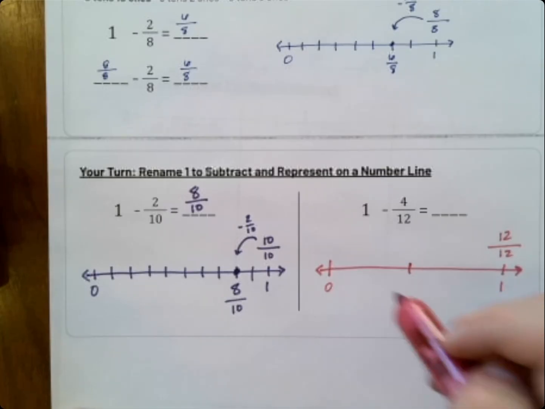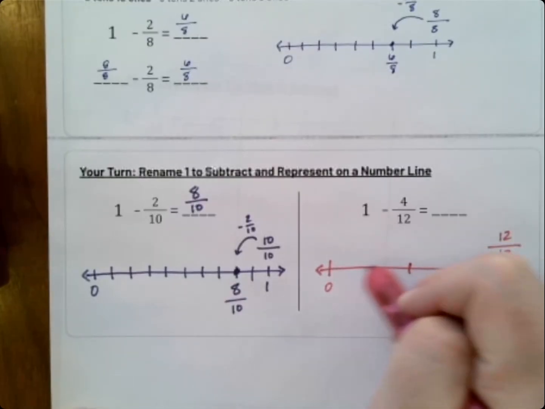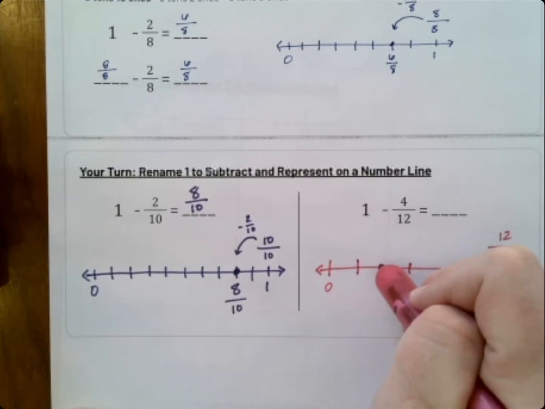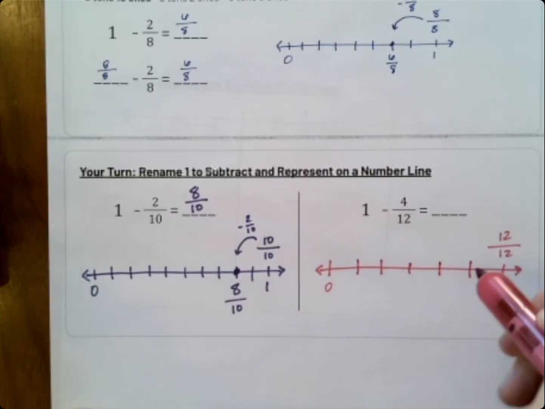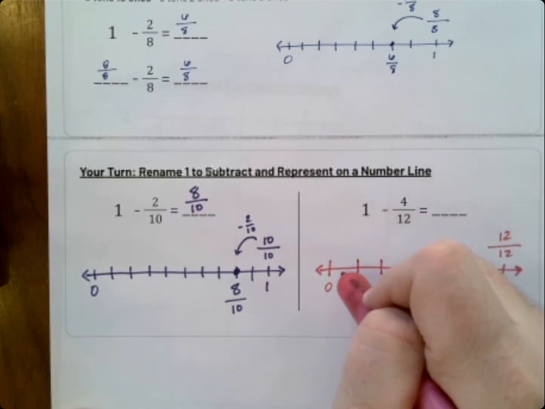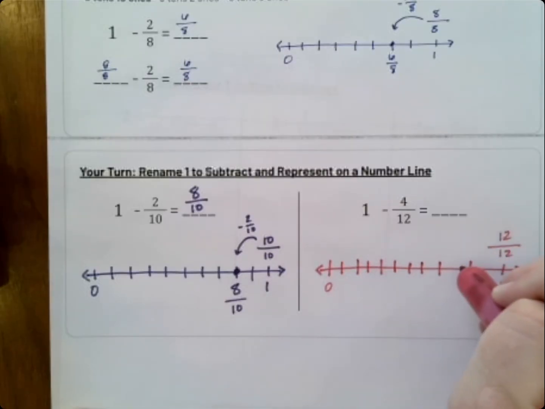Okay, and then I can do each of these into thirds. So 1, 2, 3, 4. That gets me to sixths, and then I can partition each of those in half. So I have my twelfths.